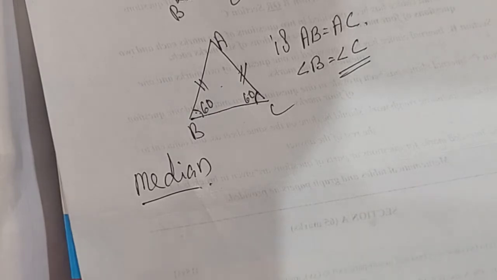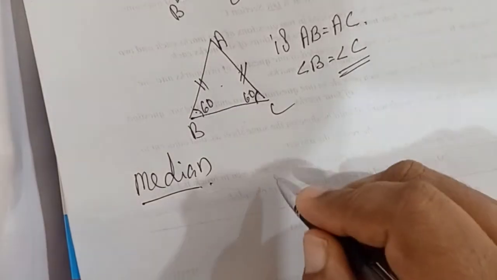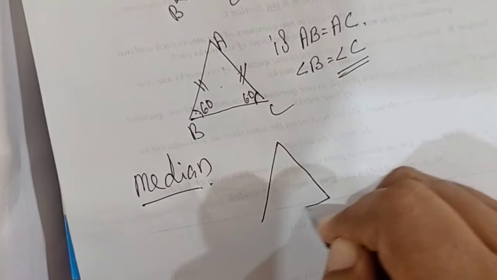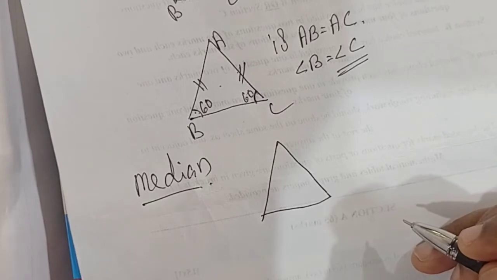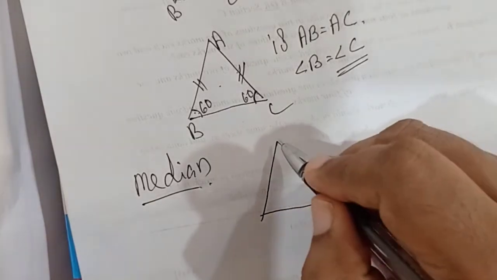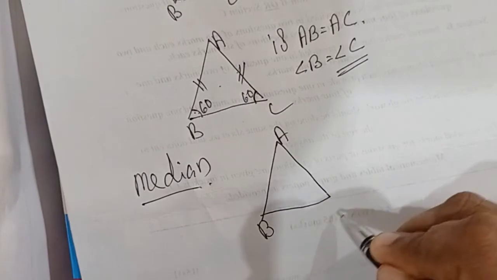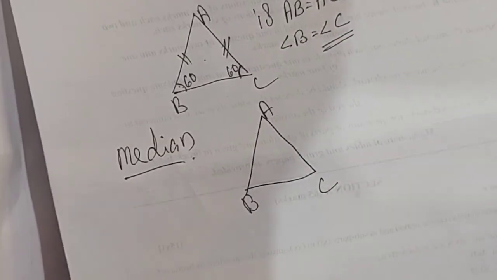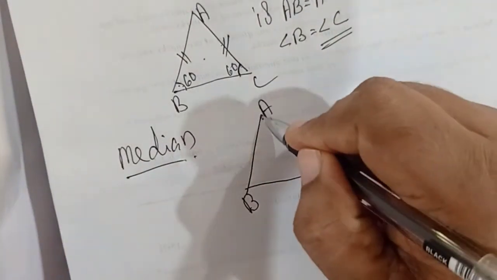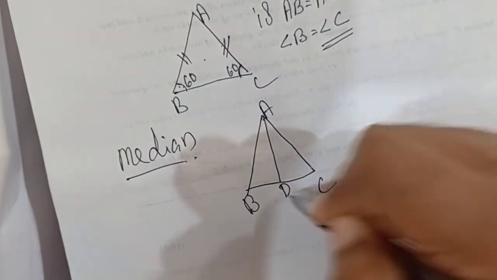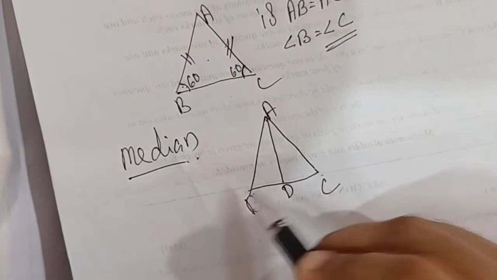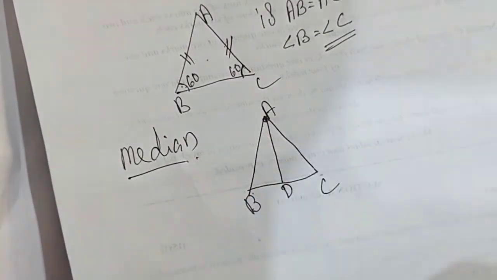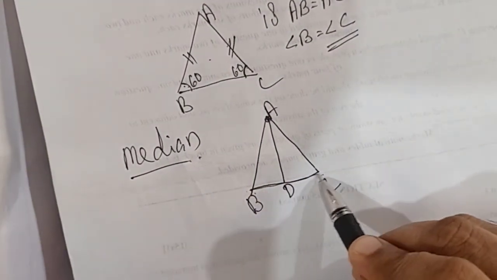Median of a triangle corresponding to any side is the line joining the midpoint of that side with the opposite vertex. All of you look at the board. ABC is a triangle. Then AD is the median. AD means A is the vertex to the base BC.